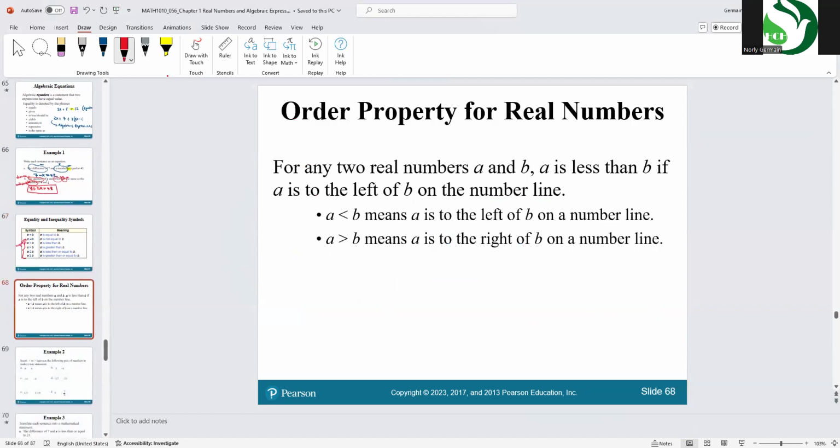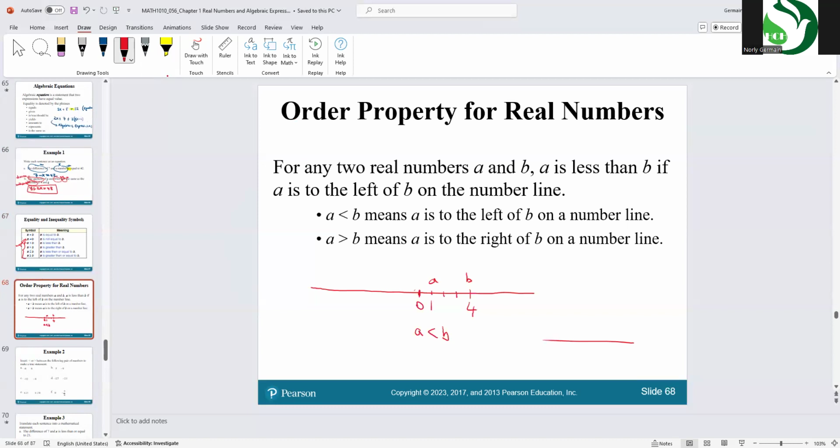So for other properties of real numbers, for any two real numbers a and b, a is less than b if a is to the left of b on a number line. Let's say, for example, remember 0 is here. If I have 1, 2, 3, 4, if I have 4 here, obviously, if we have a here and b here, obviously a is less than b, right?